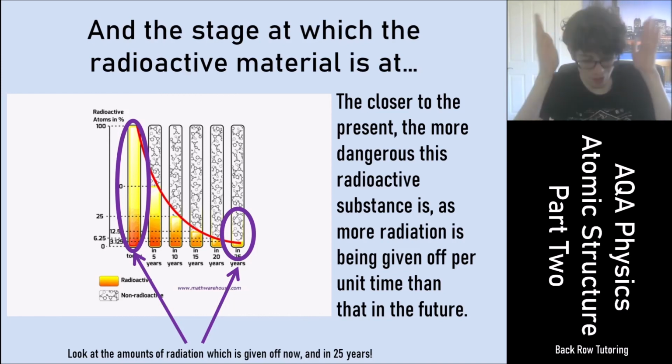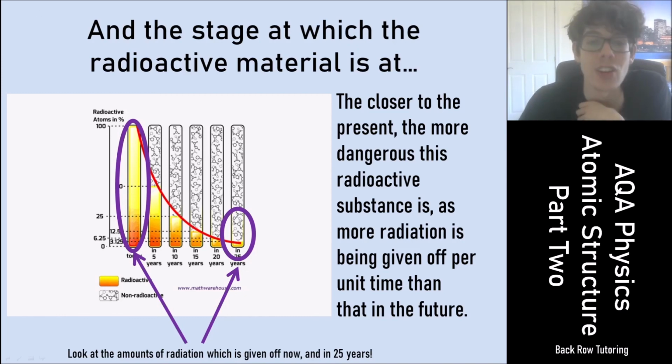So if you take right now as a time scale, and you say that at this point in time, today, this amount of radiation is given off, 100%, well, after 5 years, which is the half-life of this material, it drops to a half. And then after 10 years, which is 2 half-lives, it drops to a quarter, 25%. Then after 15 years, 3 half-lives time, it drops to 12.5%, so on, so on, and so on.